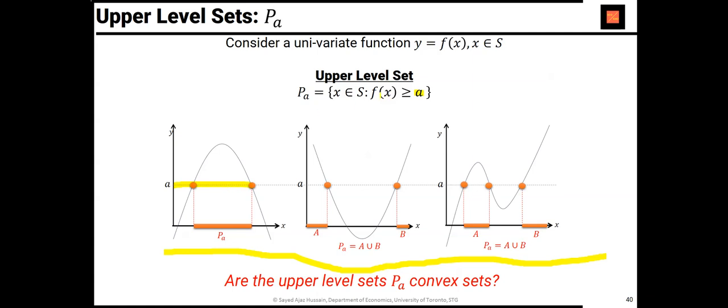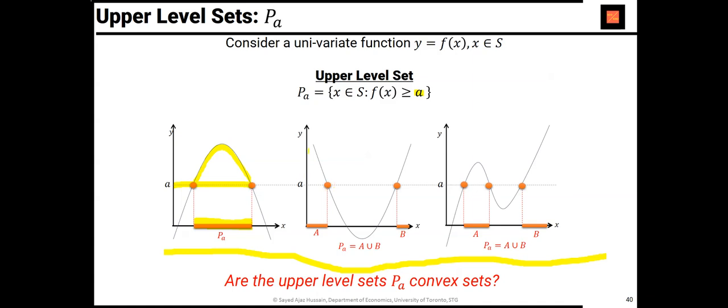For this value of a, for which values of x is the function higher than a? So the answer is, this is where the function is greater than or equal to a, and the values of x that correspond are right over here. So the upper level set is these x's, because only for these values of x is the function above a.